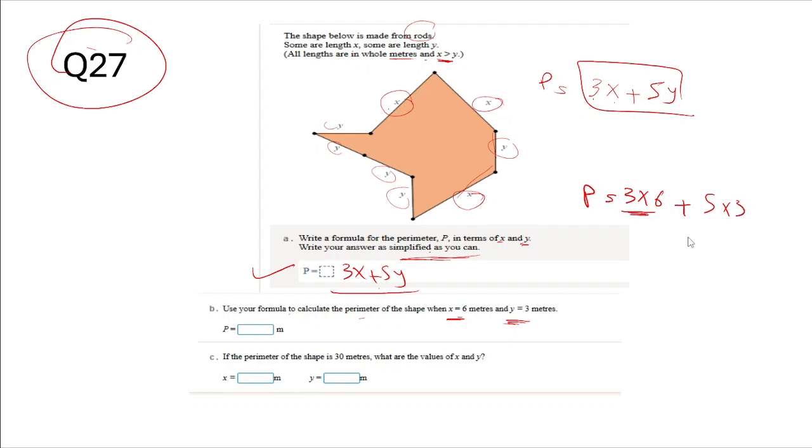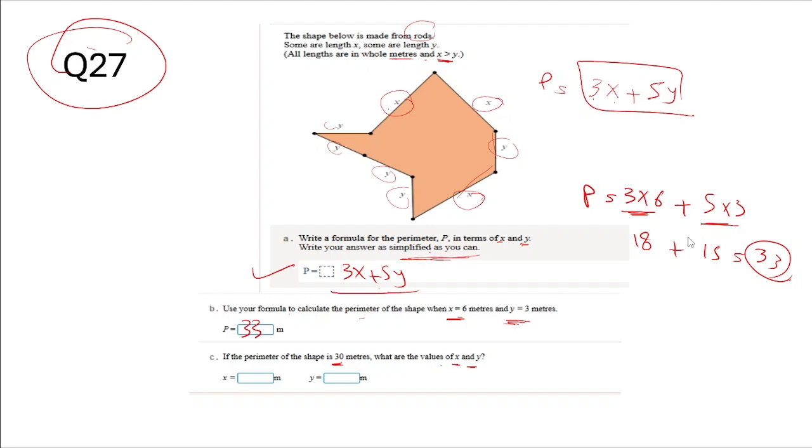So 3 multiply 6 is 18 plus 15 will be equal to 33. So the answer here will be 33.